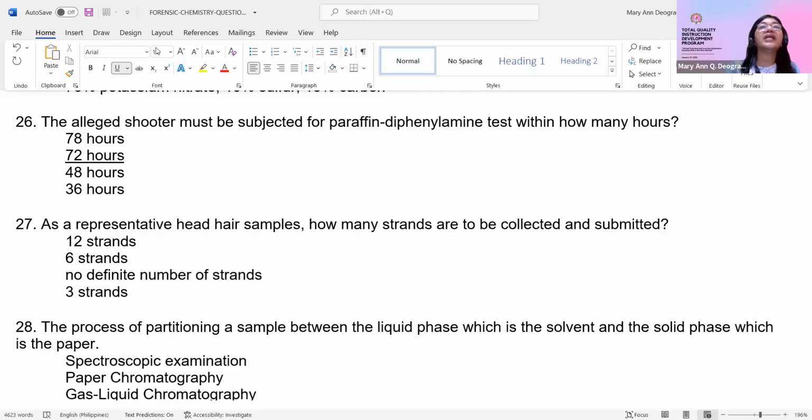Who can answer that? Okay, 12 strands. Letter A. Kasi pag 6 strands, dito sa baba. Sa 3 strands yung sa facial part natin. So, 12 strands head hair. Okay, scalp hair ito. Mga random questions yan.